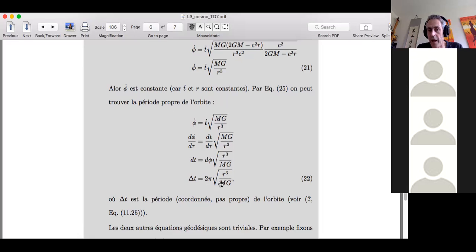Kepler just knew this m times g is a constant. We now know it's the mass of the sun times Newton's constant. Yeah, so this is the Kepler, t squared is proportional to r cubed. Yeah, I'll let you work through that.